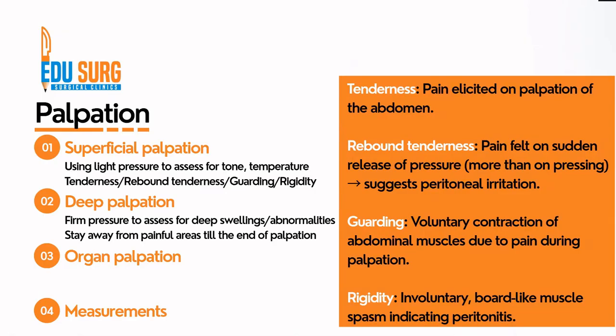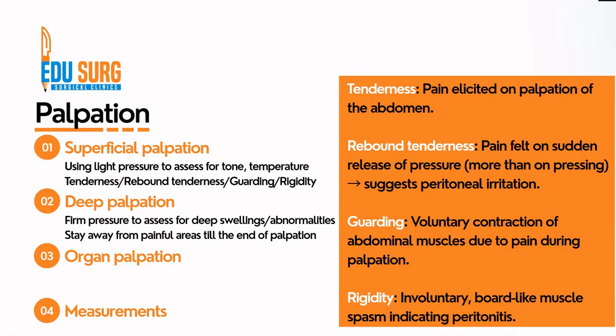Now, looking at these four terms, tenderness, rebound tenderness, guarding, and rigidity, something that you are going to live with the rest of your life, routinely asked in exams, important to perform practically when you are doing your OSCEs. Tenderness is pain elicited on palpation. Rebound tenderness is pain felt on sudden release of pressure more than on pressing, suggests peritonitis.